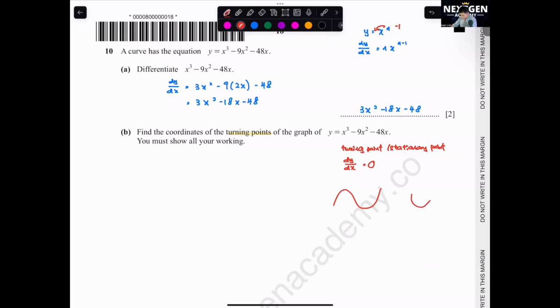This is for a cubic graph. The equation is ax cubed plus bx squared plus cx plus d. Sad, happy is when your a is more than 0, which means the value in front of x cubed is positive. Whereas if it's happy then sad, that means a is less than 0.